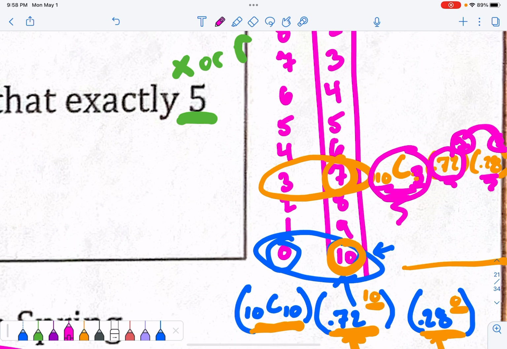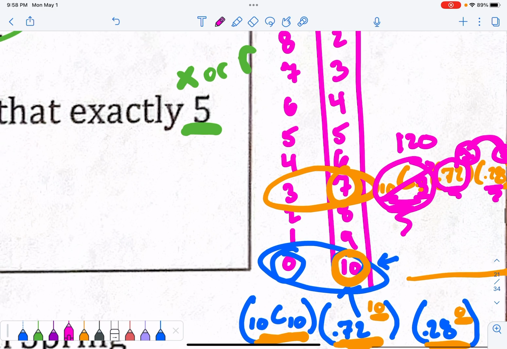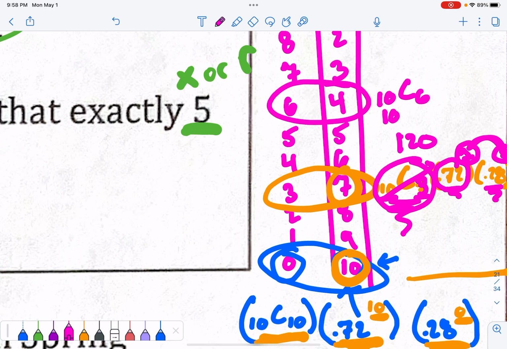If you put this as 10C3 instead of 10C7, it's not going to screw anything up, because those will be exactly the same number. 10C7 is 120 and 10C3 is also 120, if you enter it into a calculator. Same thing with this one: 10C6 is the same thing as 10C4. So it doesn't matter which number you put here, just as long as the 72 and the 28 correspond to the correct exponent, okay?